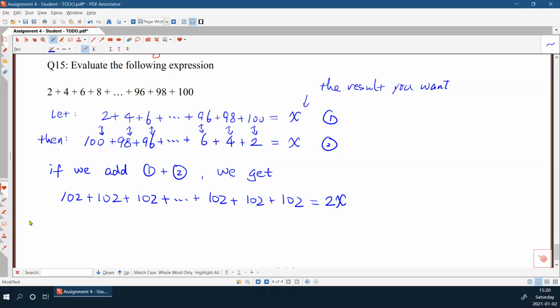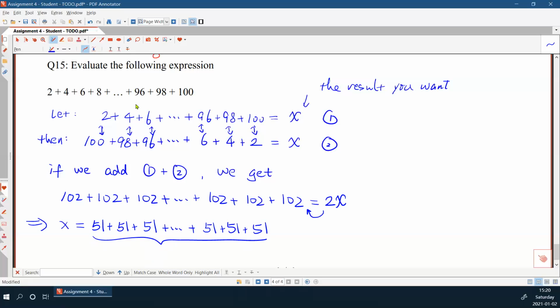That means x is, we can divide each side by 2, right? X is 51 plus 51 plus 51 plus 51 plus 51 plus 51. Okay. Now the question becomes, how many 51s are there?